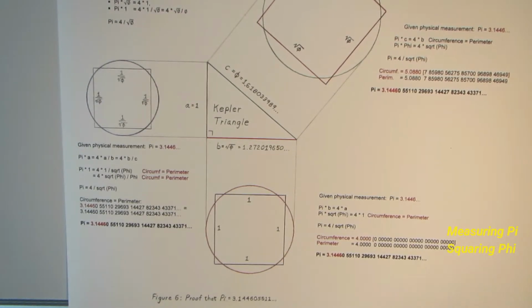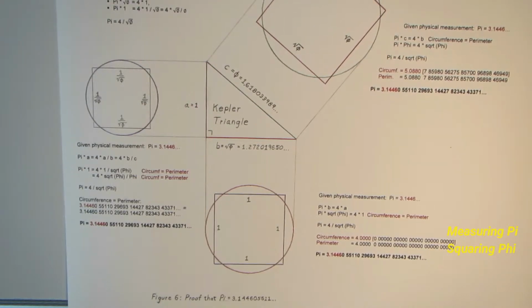Moving over to the third case, pi times this side equals 4 times, this is a little bit different, 4 times side A divided by side B, and that also equals 4 times side B divided by side C. It's the same. It's just, once again, a special golden ratio right triangle, and you can go through the same computations here, carried out to the known measured 4 decimal places, although we've computed out to more.